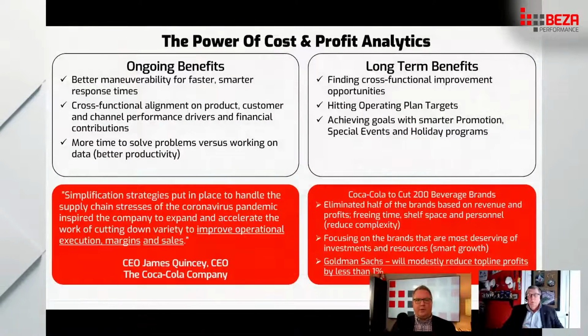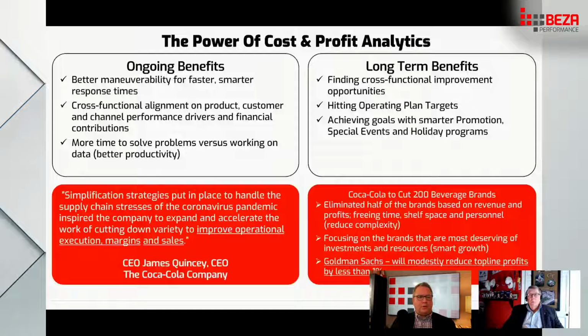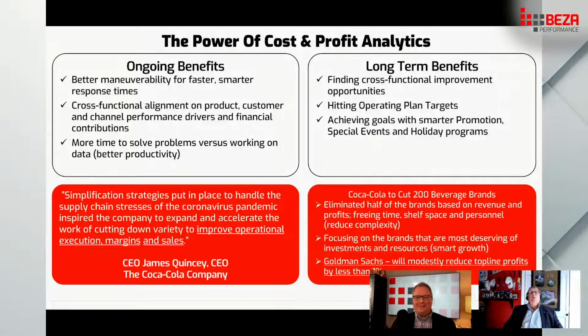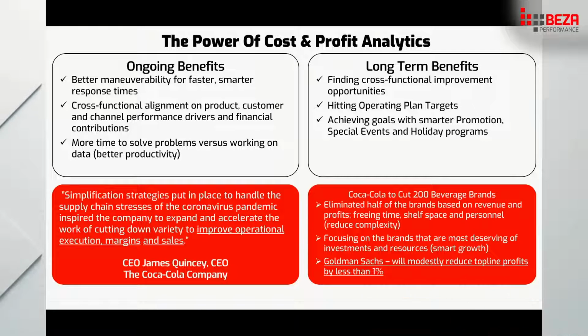Absolutely. So let's talk a little bit about some stuff that's been going on. I think Black and Decker was some news that came out this week, but I thought it'd be fun to talk a little bit about Coca-Cola and their big SKU rationalization. Yeah, this was a huge announcement by Coca-Cola. They announced they were going to reduce their entire brand portfolio by 50%.